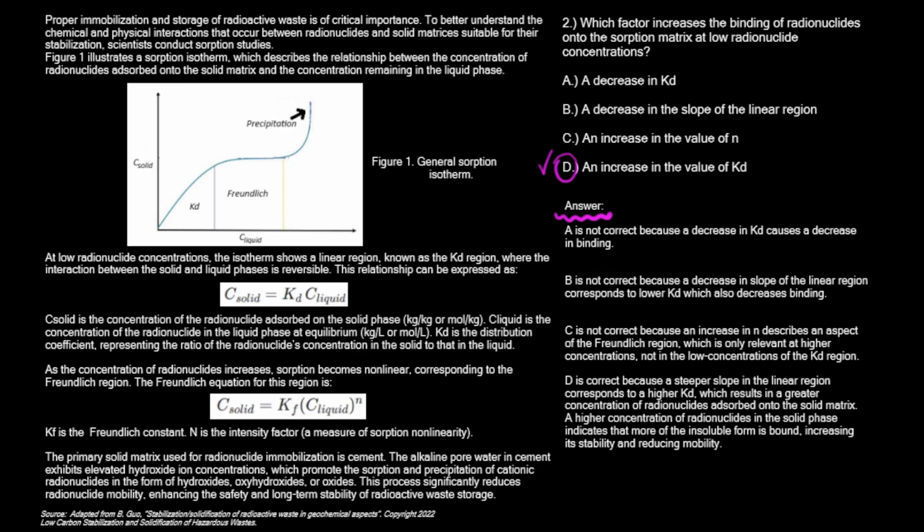Option D is not correct because an increase in N applies to the nonlinear or the Freundlich region. The question stem is asking about the Kd or the linear region, which refers to the low concentration region. So the correct answer choice is D.